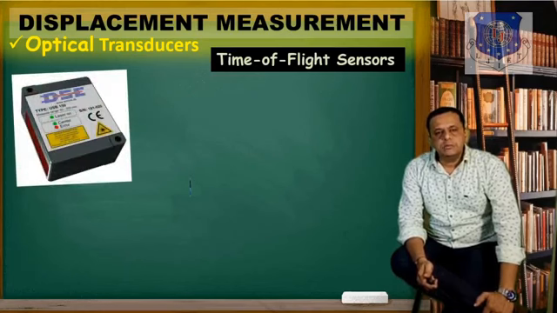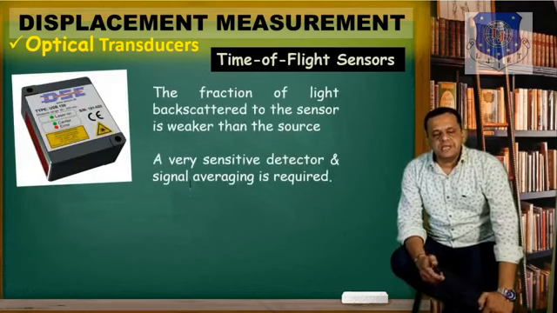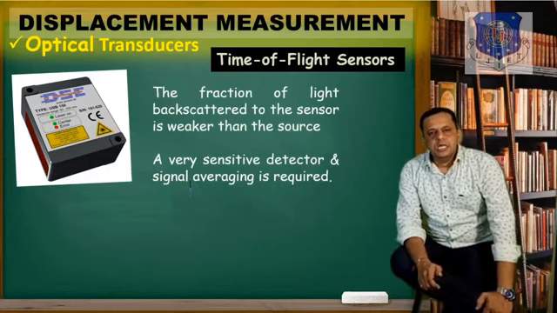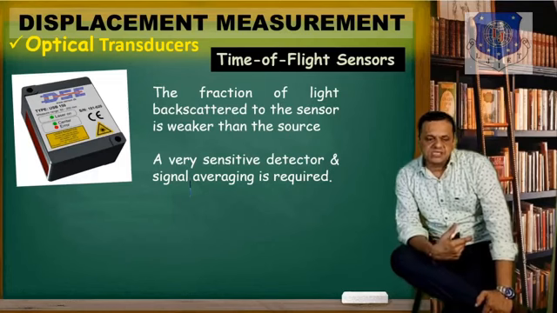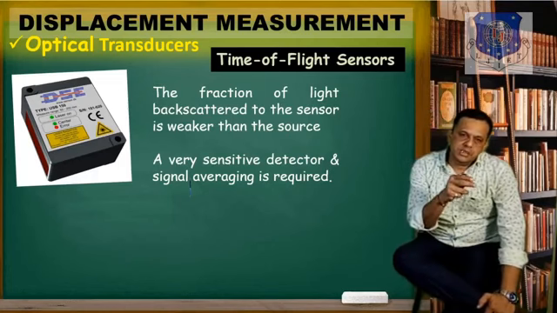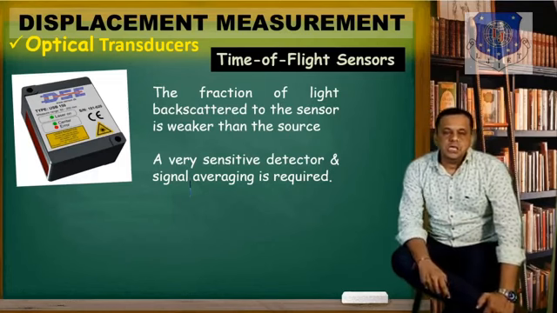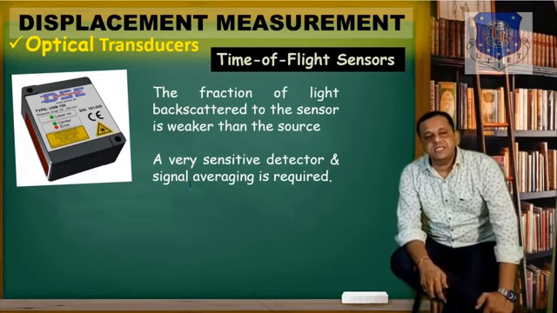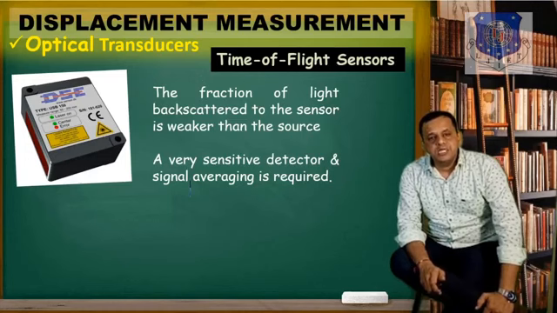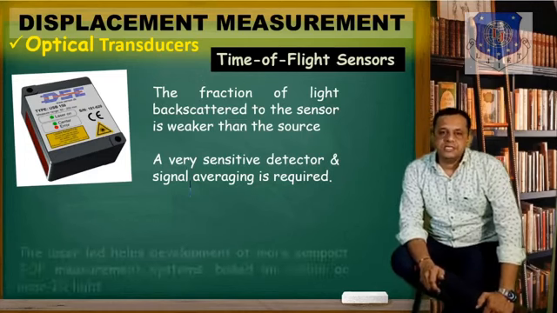This is one of the commercially available devices I have shown in the picture. The fraction of light that is scattered back to the sensor will be a little bit bigger than the source, hence a very sensitive detector and signal averaging is required in time of flight sensors.